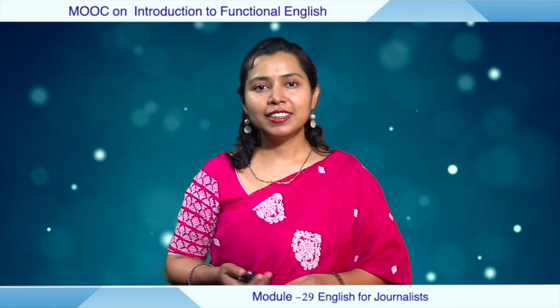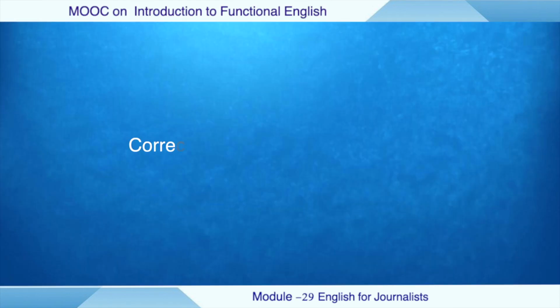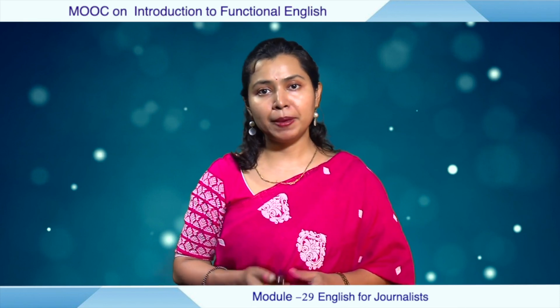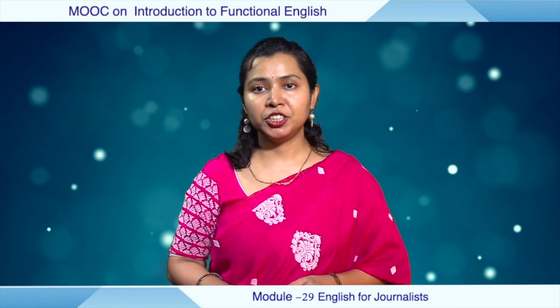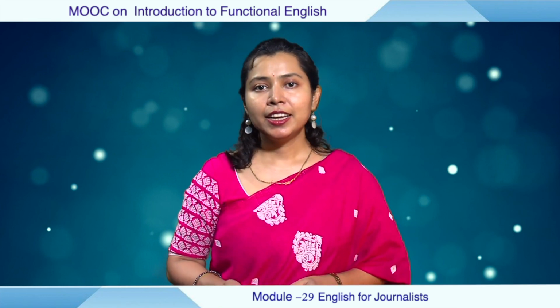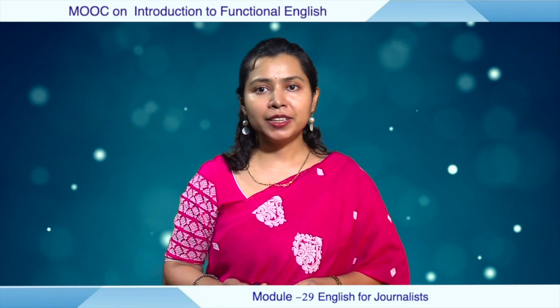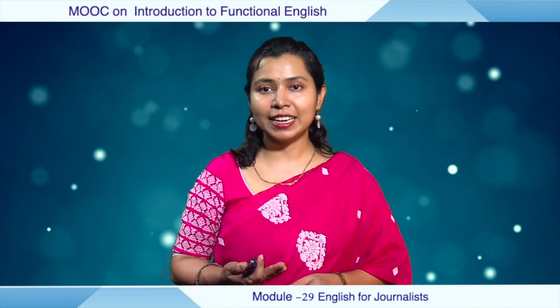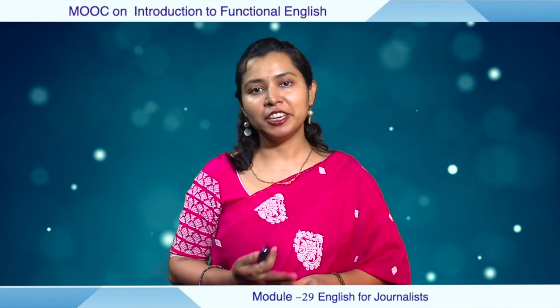So dear learners, now let us see the correct use of words and sentences, which is very important in journalistic writing. When you are writing for a newspaper, radio, television channel or the internet, you should be able to incorporate words and sentences that provide maximum understanding with minimum risk of confusion.